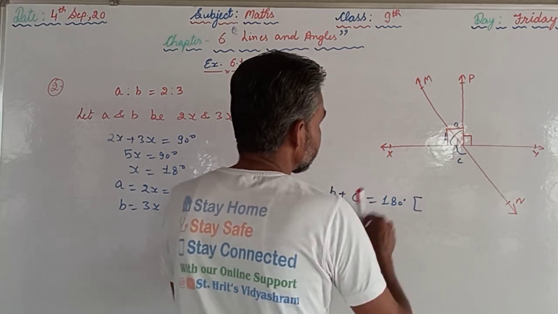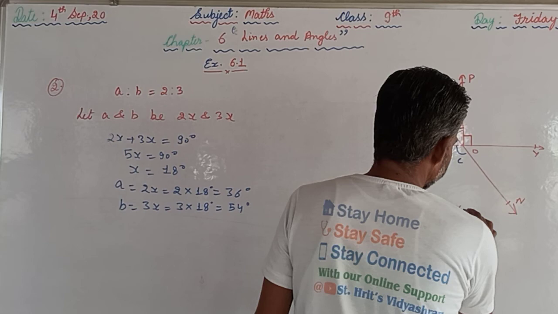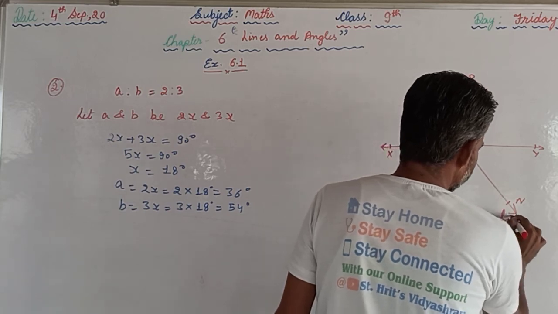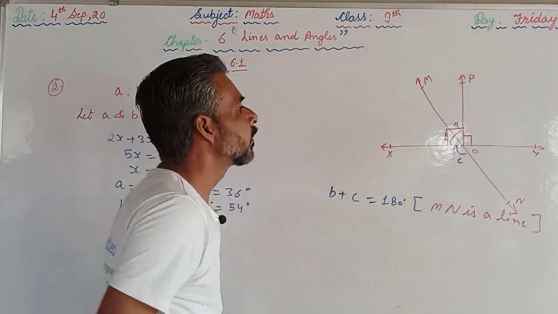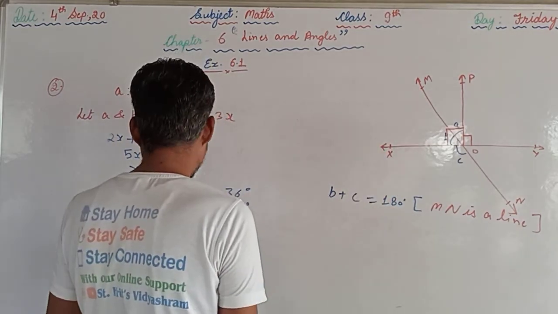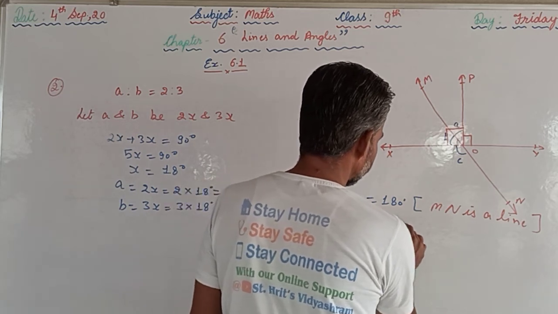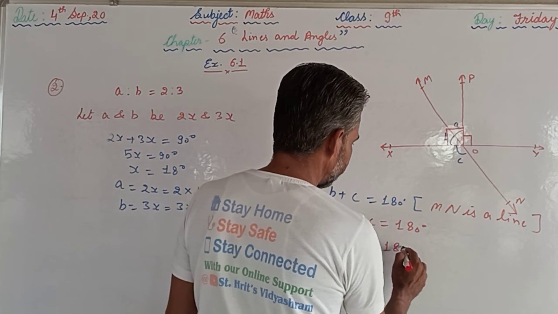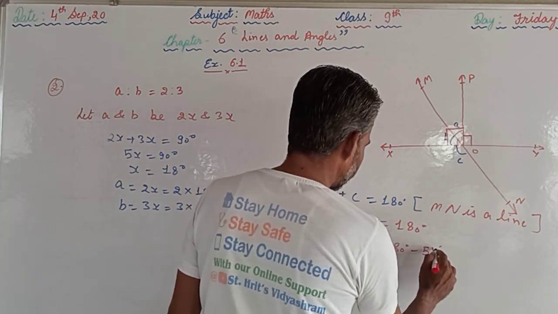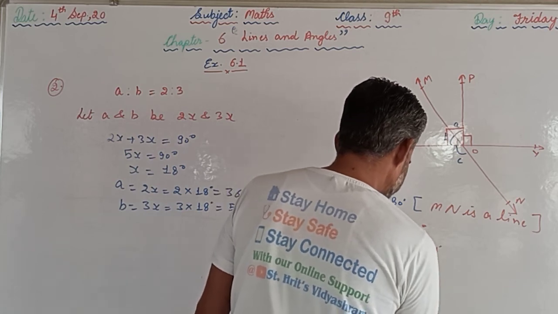The reason is because MN is a straight line, so their sum will be 180 degree. B is 54 degree, so 54 degree plus C is equal to 180 degree. From here C will be equal to 180 degree minus 54 degree. If we subtract, we will find 126 degree will be the answer.